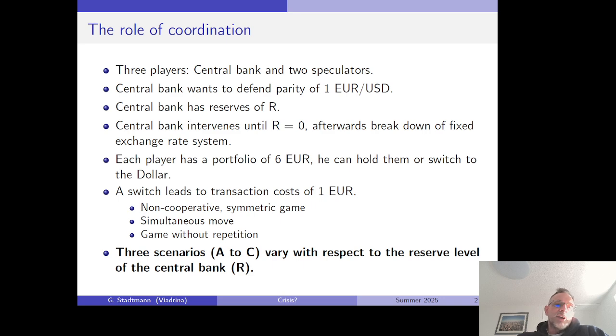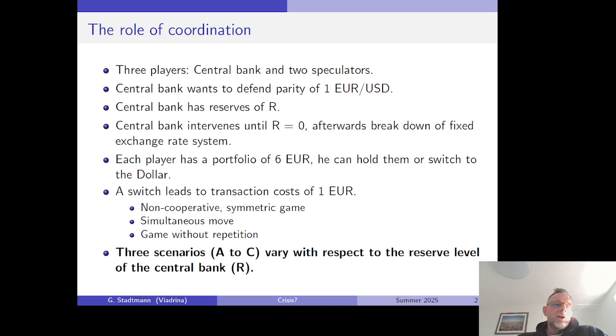Afterwards, the fixed exchange rate system breaks down and the central bank switches from a fixed to a floating exchange rate system. Each financial agent has a portfolio of €6, and the financial agent can hold the €6 denominated in euros or switch to the US dollar.